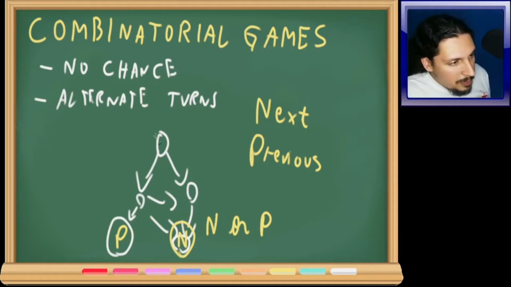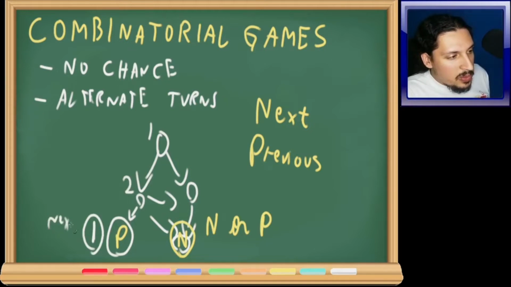So if we are playing and it is player 1's turn, now it's player 2's turn, now we move, and player 1 would be the next player to move, the one that has the turn. Well, here the winner is player 2, because we reach this node and it is player 1's turn, but the previous player wins.